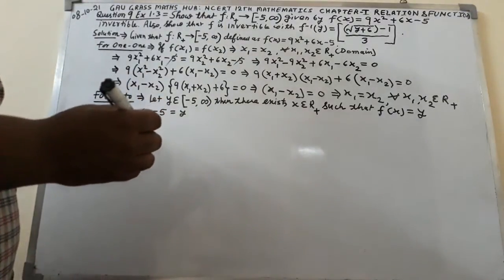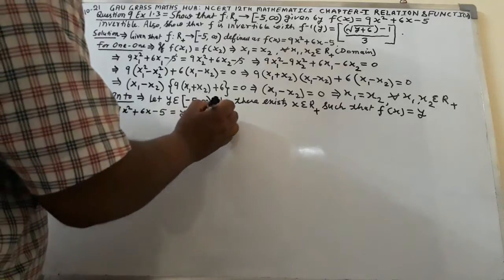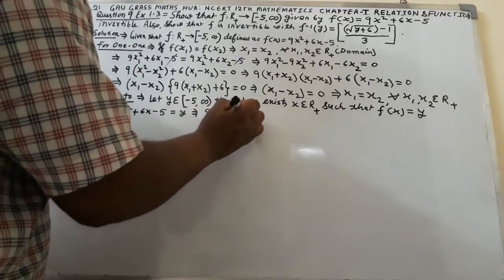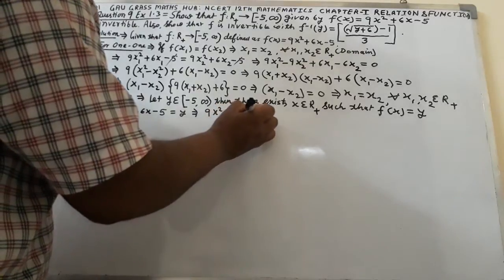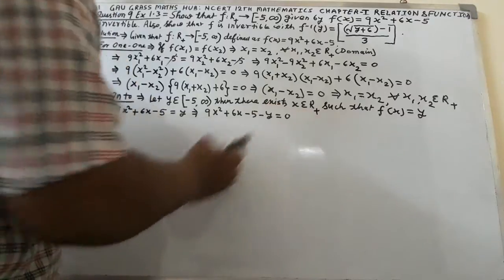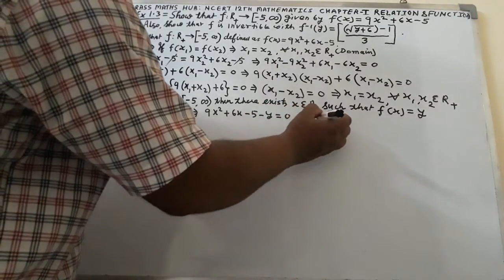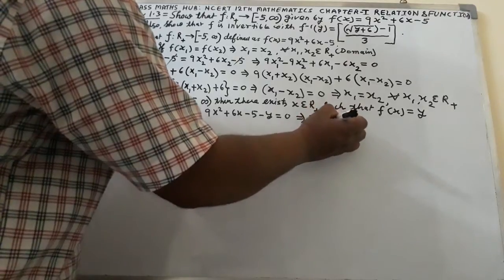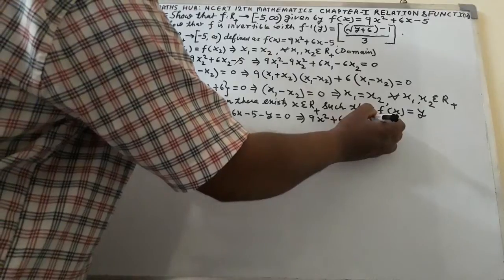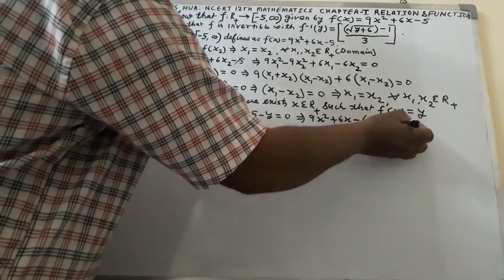What to do next? Next I shall write, implied that 9x square plus 6x minus 5 minus y is equal to 0. Implied that 9x square plus 6x minus in bracket y plus 5 equal to 0.